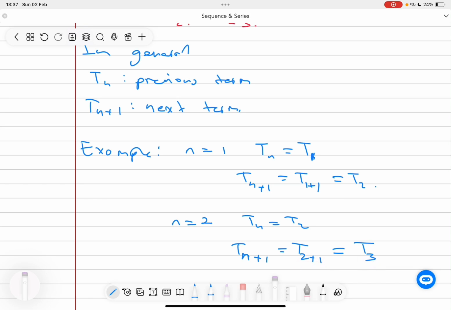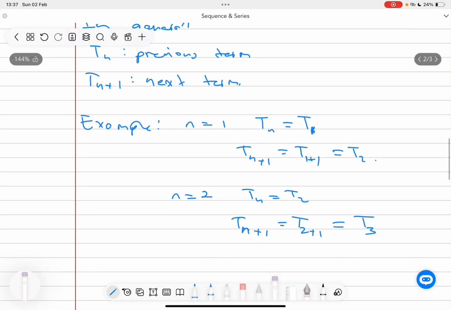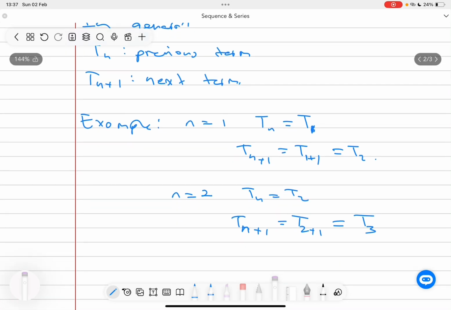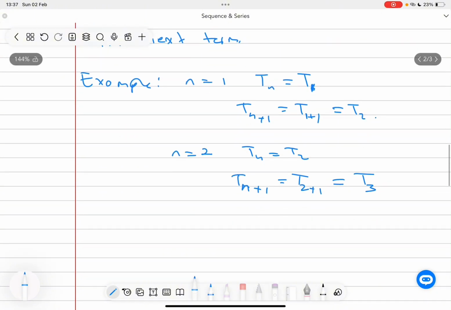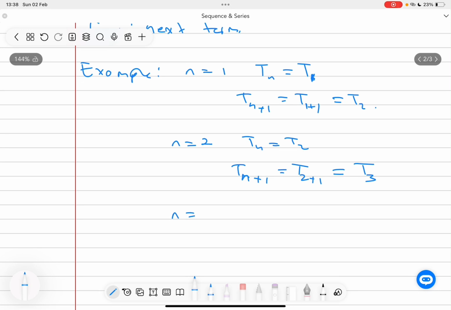But if you look at these two, you would see that T2 comes before T3. That means this is going to be the previous term and this will be the next term after T2. And you can continue doing this by trying any of the numbers of n, because n is allowed to be any natural number. You can take maybe a 5. Let me do it just to emphasize the point. If we have T5, we're going to have n equal to 5.